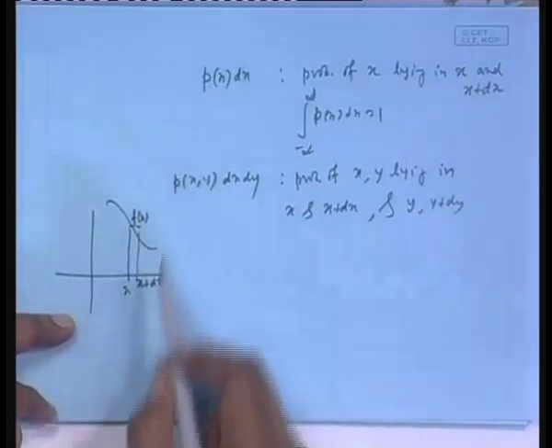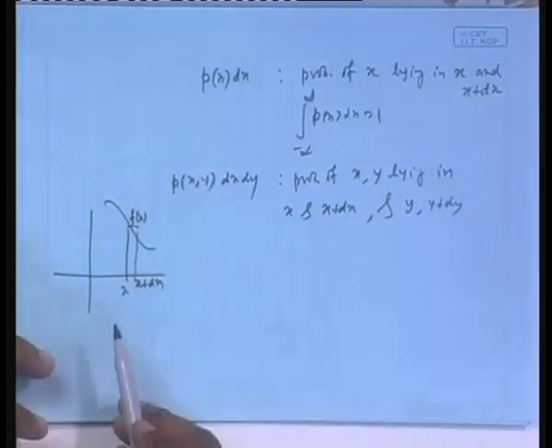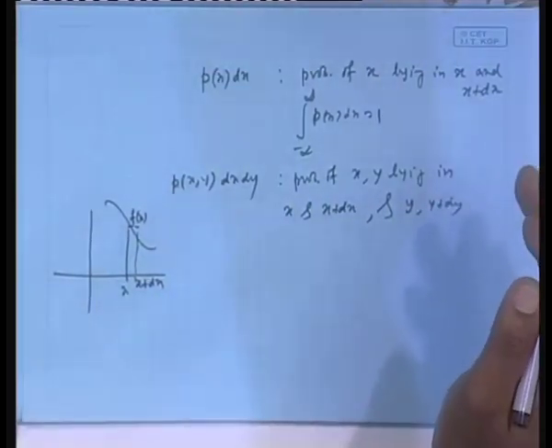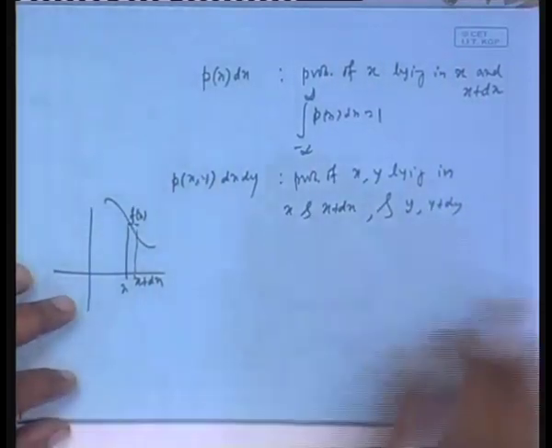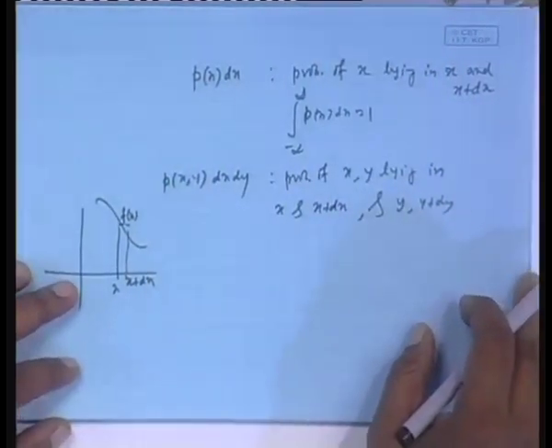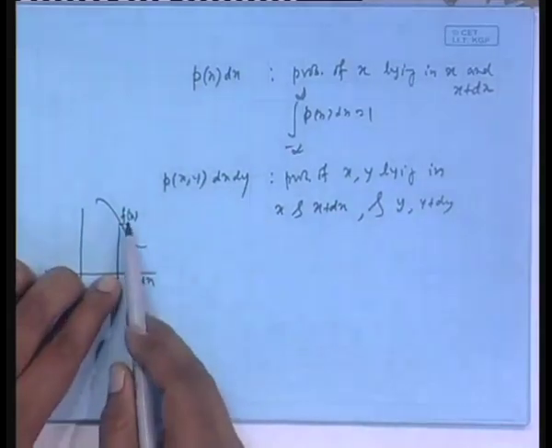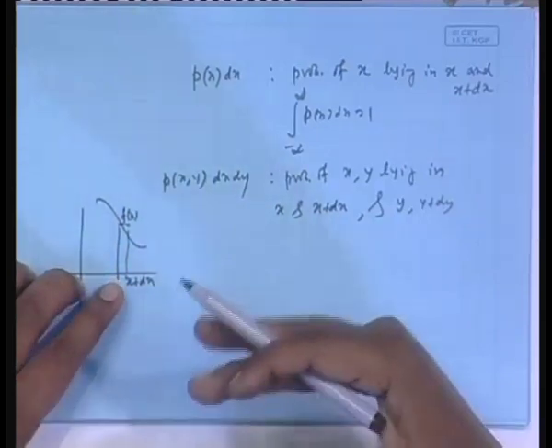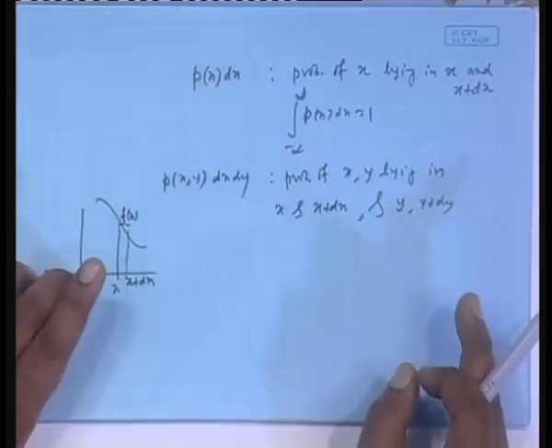So what is the expected value? That we integrate over the entire range. Within this range, the expected value of f(x) is not just f(x). I have to multiply f(x) by p(x) dx.